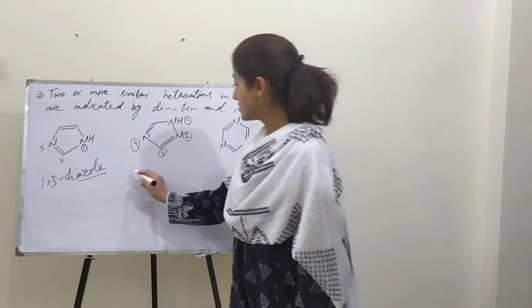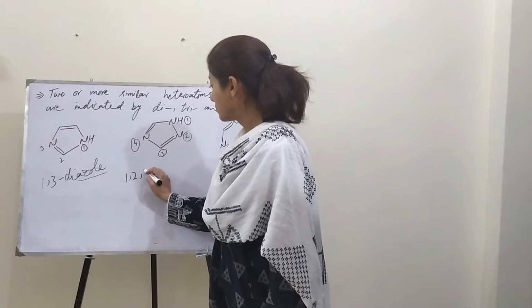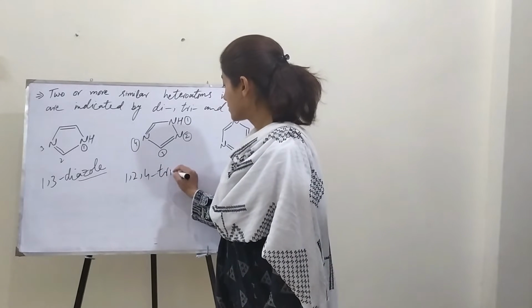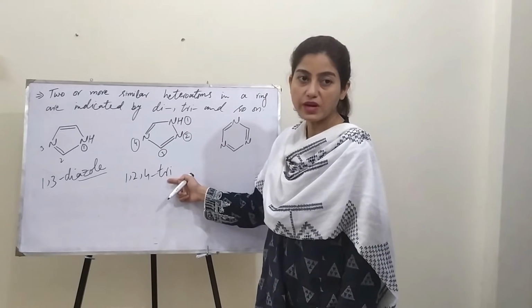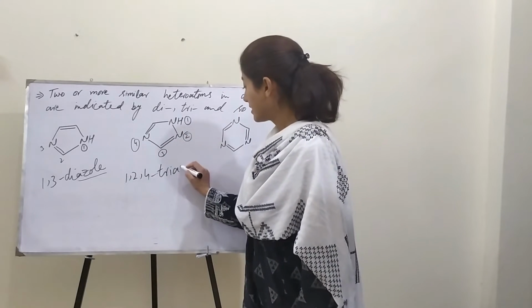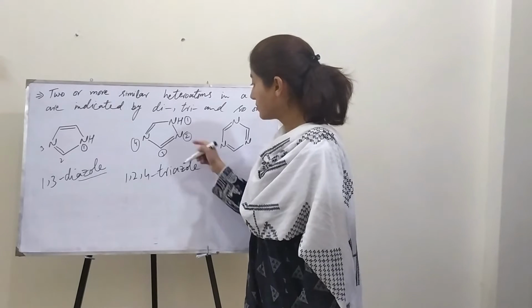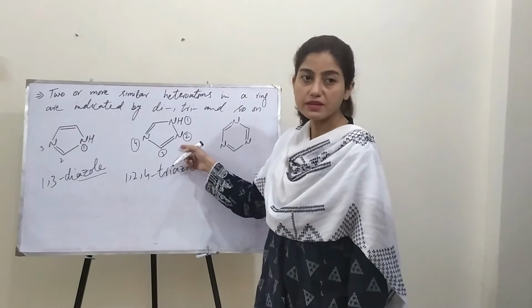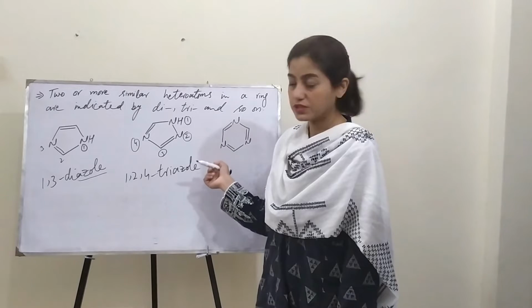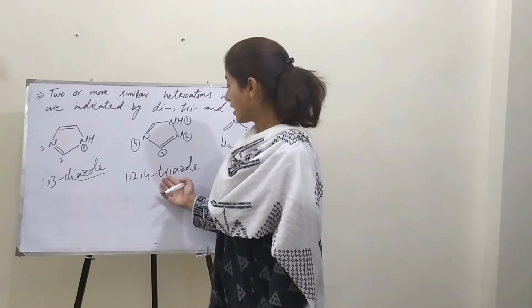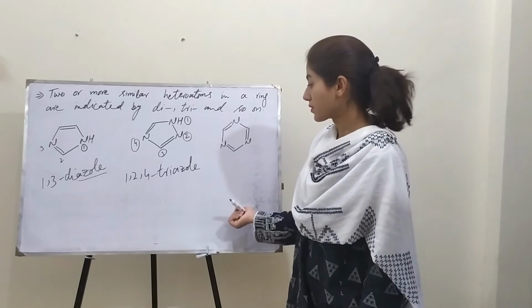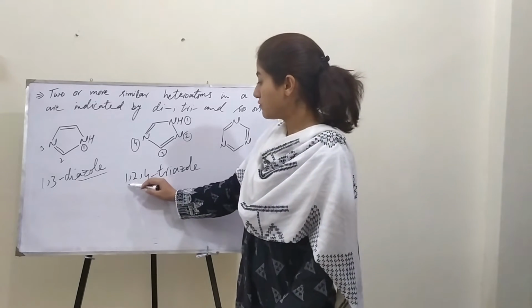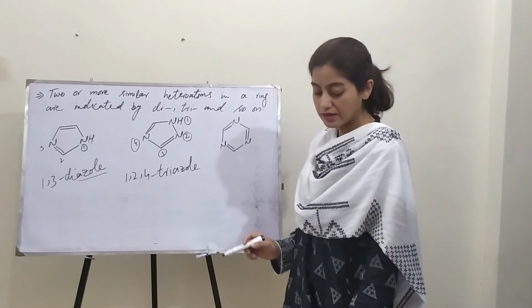So here that is 1, 2, 4. As there are 3 nitrogen atoms, we will use the prefix tri, and azole is the parent name for this type of heterocycle containing 1 nitrogen, because the other nitrogens have been indicated by the prefix. So its complete name would be 1, 2, 4 triazole.